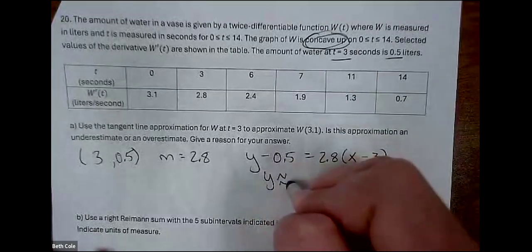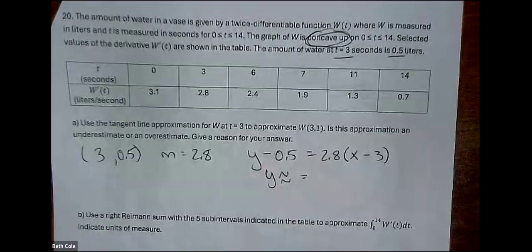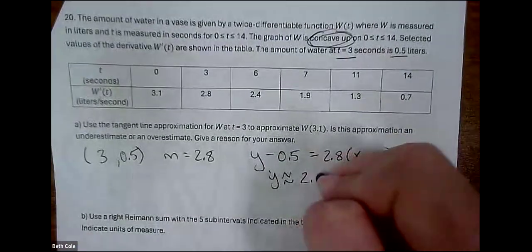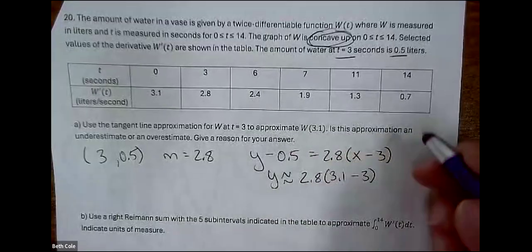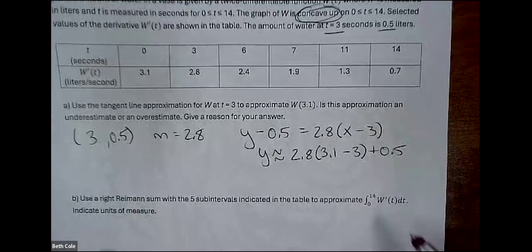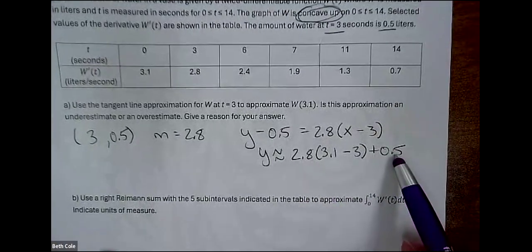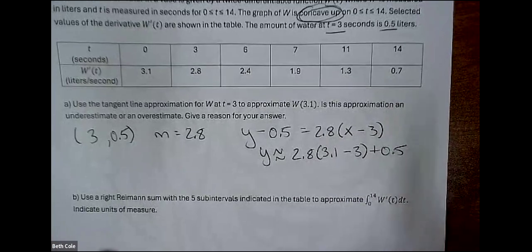So y is approximately, oops, I need another equal sign. We're going to just plug in 3.1. And then I'm going to add that 0.5 to the other side to get y by itself. Please do not simplify this. It's non-calculator and it's free response. Just leave it alone. If you mess it up, it's going to be wrong.